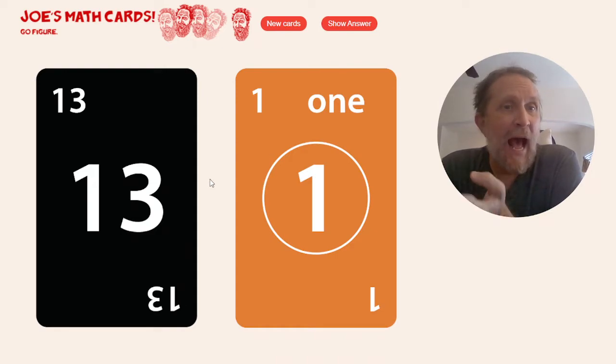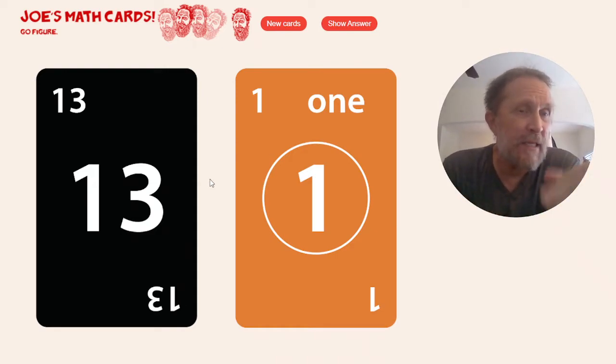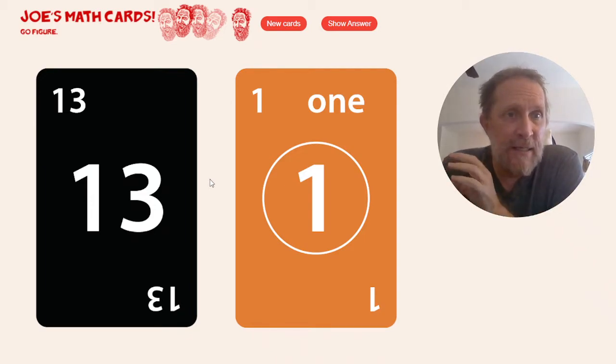You can think of it, how many times would you add 1 to itself and get up to 13? That would be 13. Or how many times can you subtract 1 from 13 before you get to 0? Also 13. The takeaway from this is that any number divided by 1 equals that number, right?